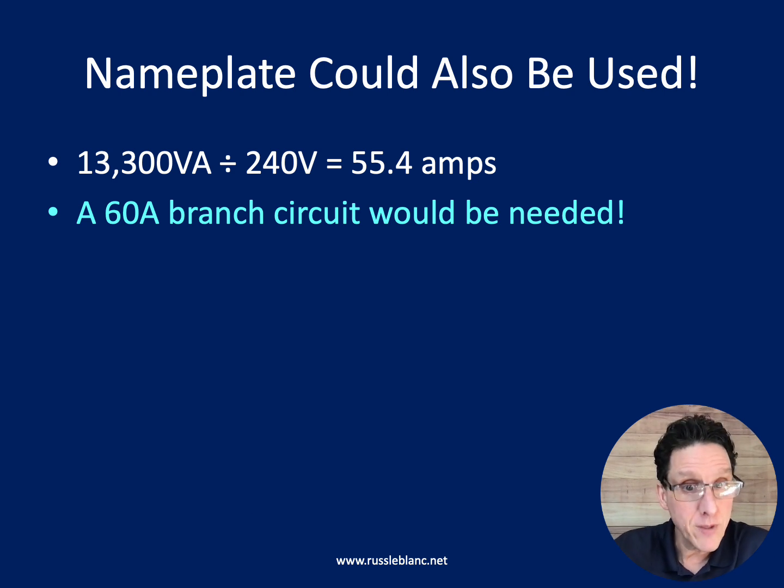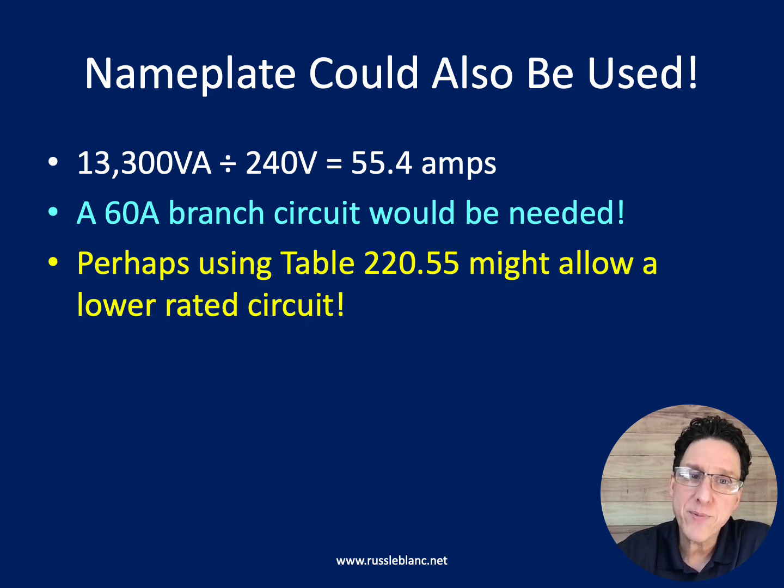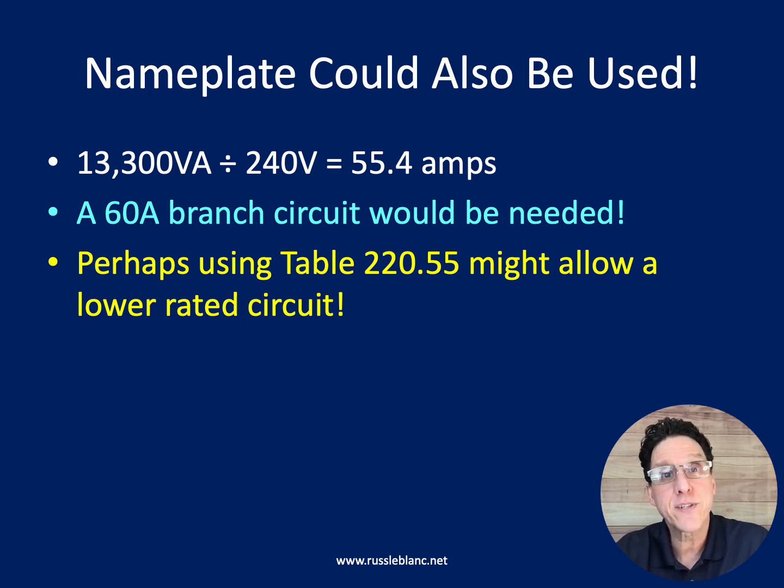That might be problematic if you wanted to cord and plug connect this, for example, or if you wanted to hardwire it, right? You're talking about a disconnect and a receptacle. So all the rules for a 60 amp circuit would be applicable if that's what you've determined the branch circuit load to be. So perhaps using Table 220.55 might allow us a smaller rated branch circuit.